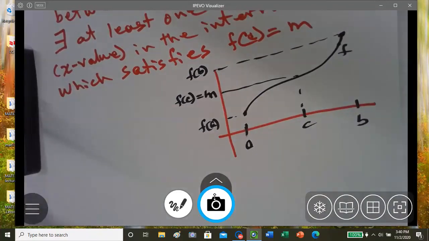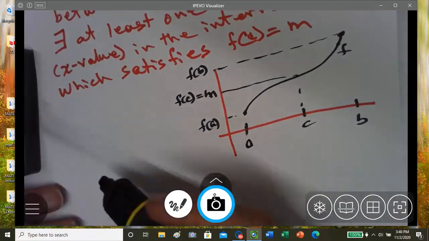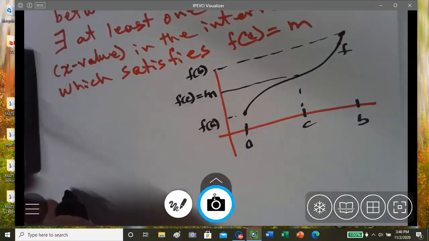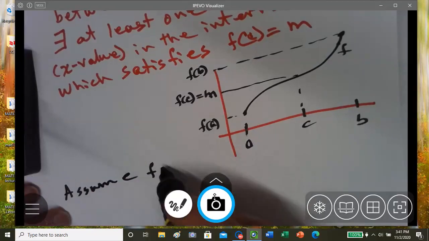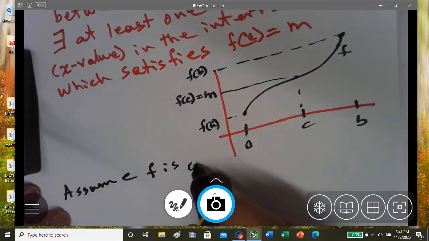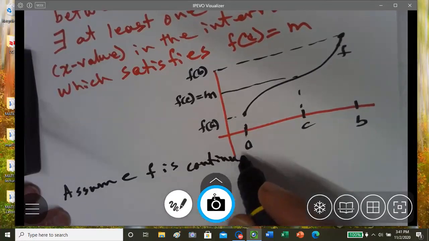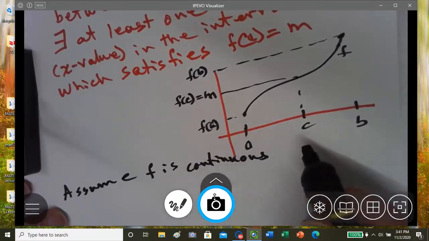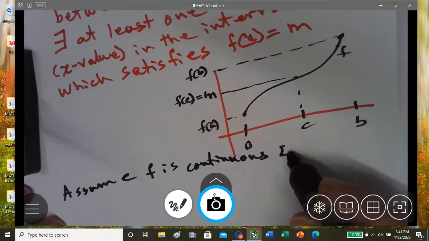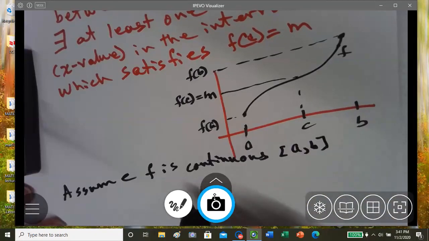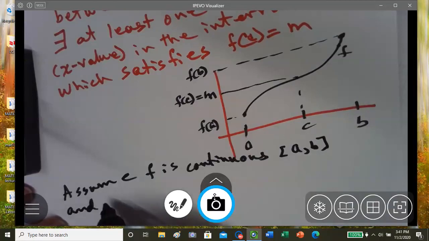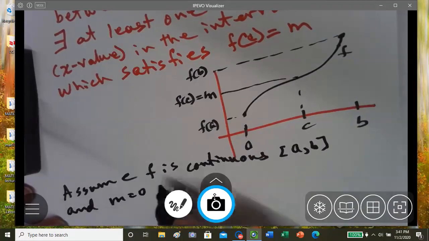So the first thing that we do is assume that f is continuous on our interval a to b, and that m equals 0.